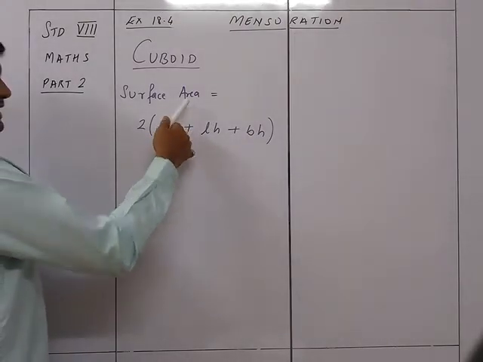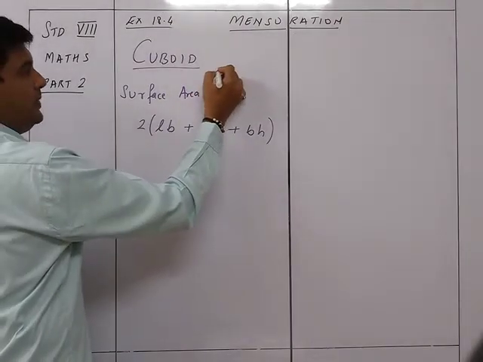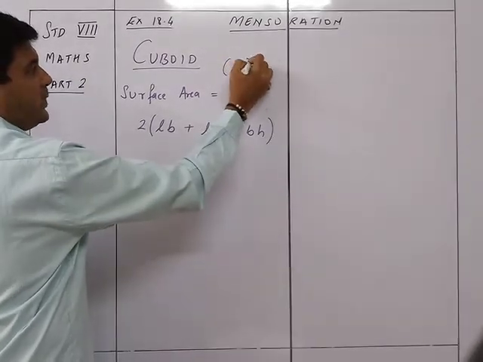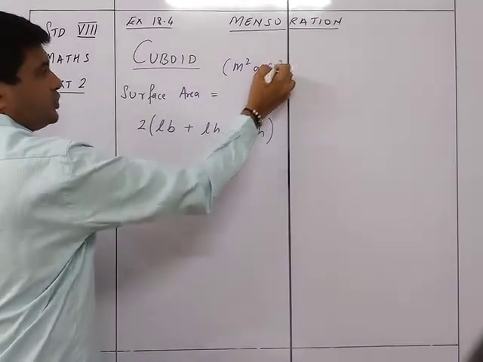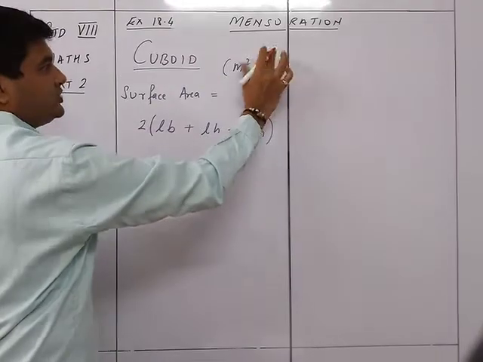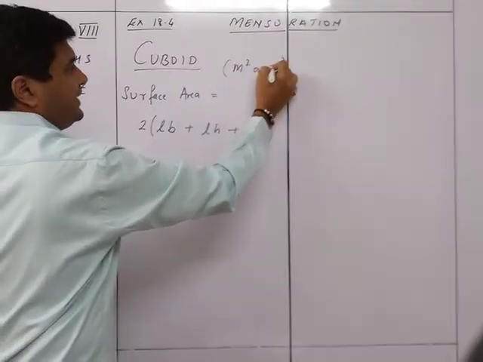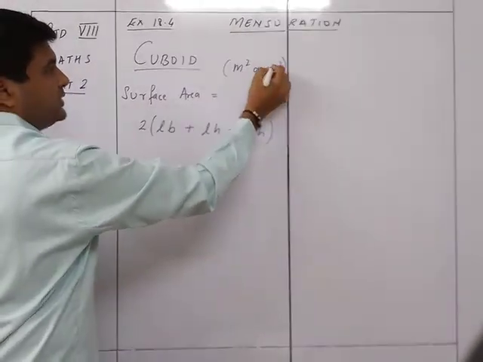Now since it's an area, the measurement will be in meter square or centimeter square. The units of the surface area will be meter square or centimeter square.